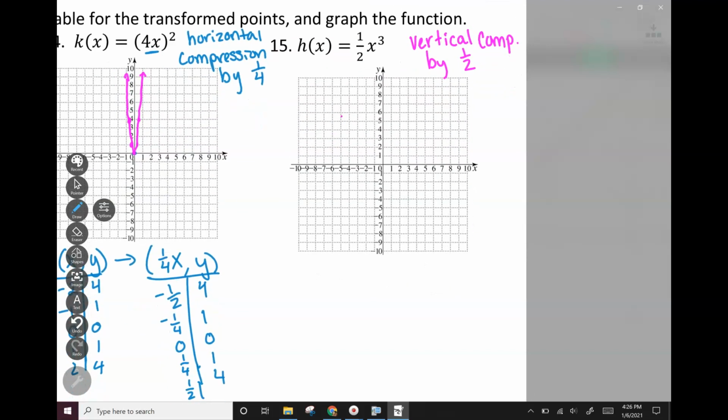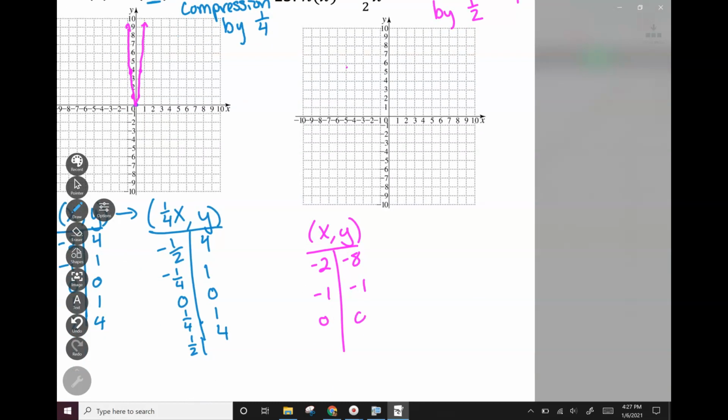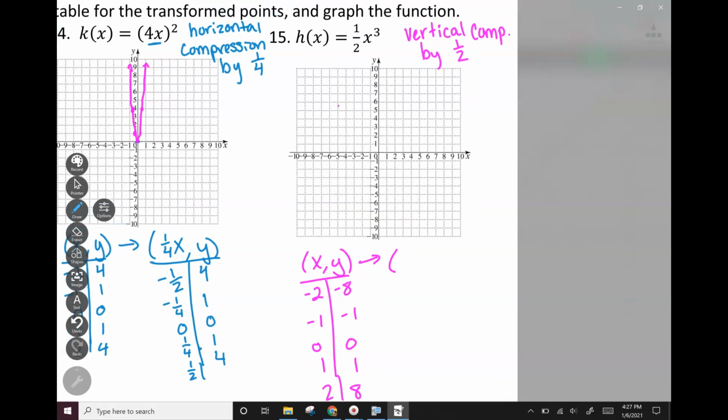All right, so you could do the table, let's see, x, y, for the parent function is going to be -2, -8, -1, -1, just cubing each x value to get the y value. Okay, and if it's a vertical compression, you're going to be multiplying the y value, so x comma 1/2 y.